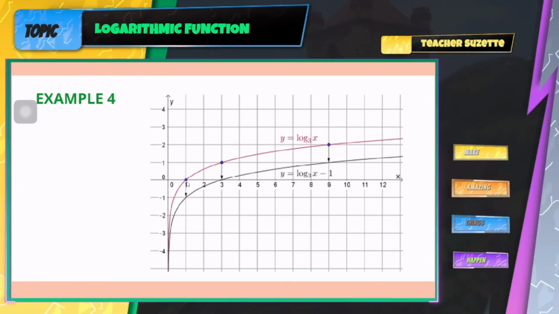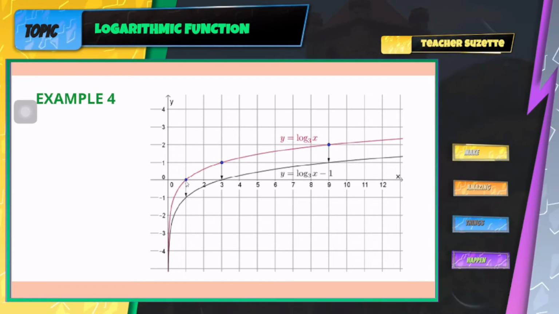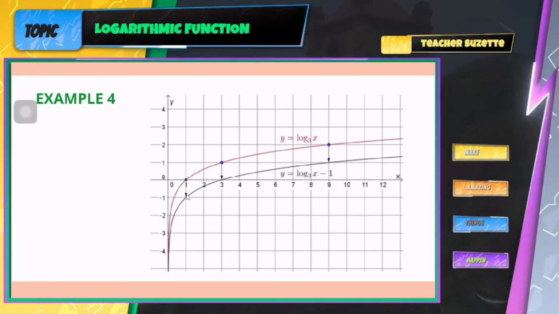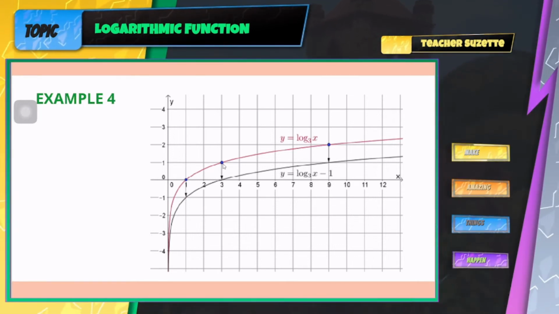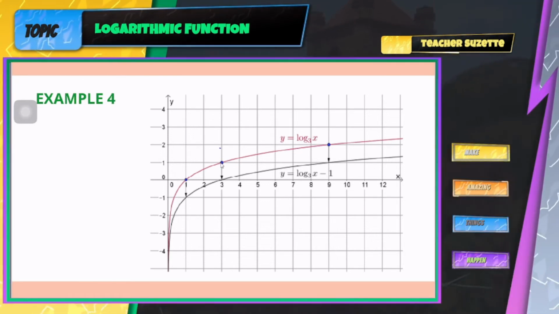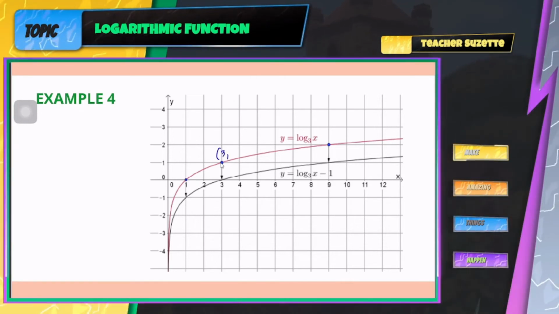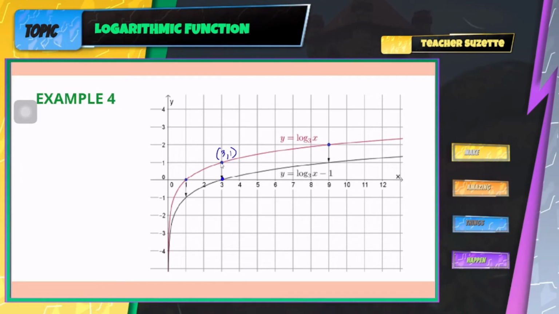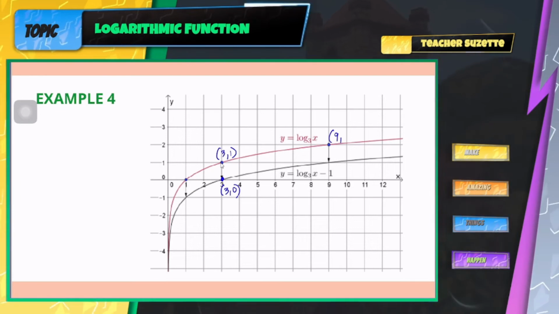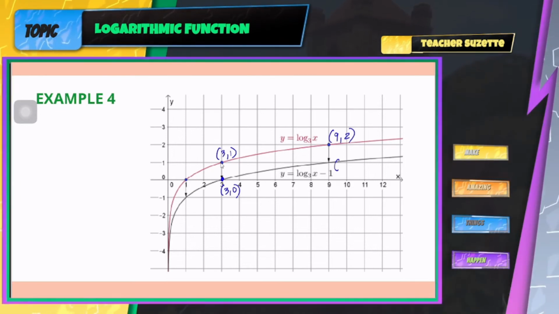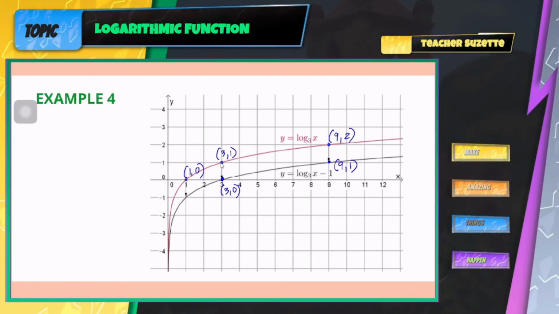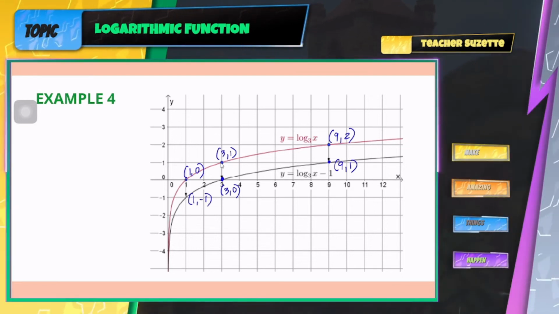Specifically, halimbawa po, itong point 1, 0 natin, nag-shift siya downward. So, naging 1, negative 1. For this naman, we have 3, 1. Ilagay ko na lang po yung kanilang name. So, this is point 3, 1. Nag-shift siya down to 3, 0. And this one, from 9, 2, nag-shift down. Meron tayong 9, 1. So, ito nga po ay 1, 0 and shift down 1, negative 1.